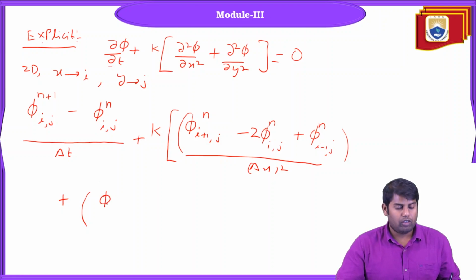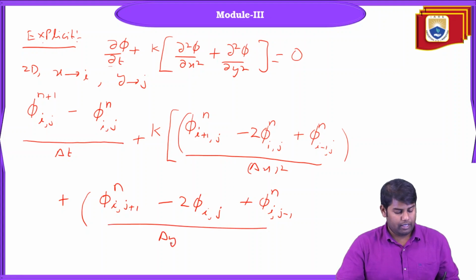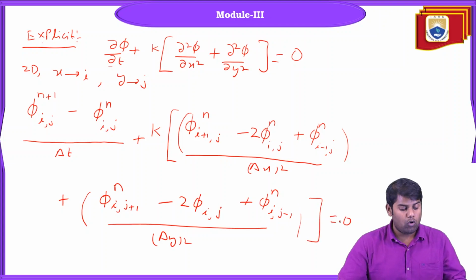Same, phi of i comma j plus 1 to the power of n minus 2 phi of i comma j plus phi of i comma j minus 1 to the power of n, divided by delta y square, is equal to 0. So this is how we have framed the equation in the explicit method.